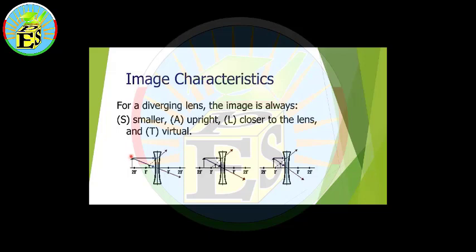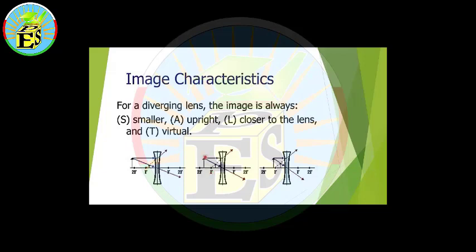If we put the object far from double f, the image will be upright, smaller, and virtual. Why virtual? Because we get it from the extension of the refracted rays, like this dashed line.